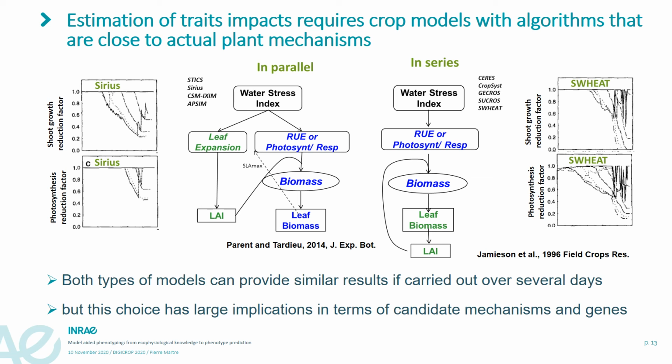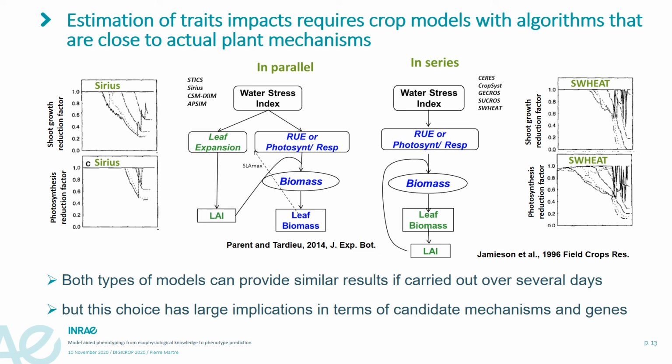You can see here on the left a model that considers the effect of water stress on leaf expansion and radiation use efficiency in parallel. In such a model, leaf expansion starts to decrease much earlier under drought than photosynthesis.